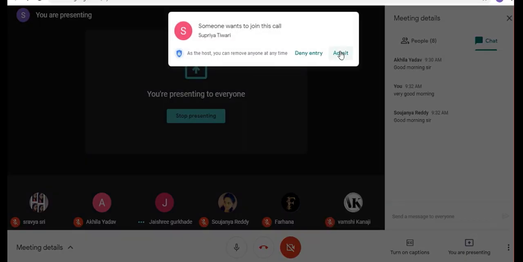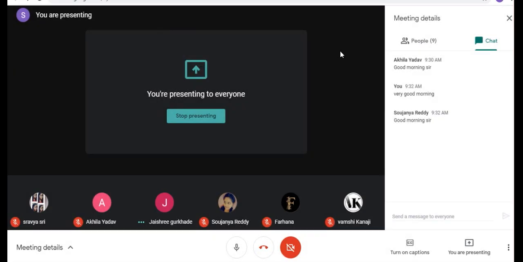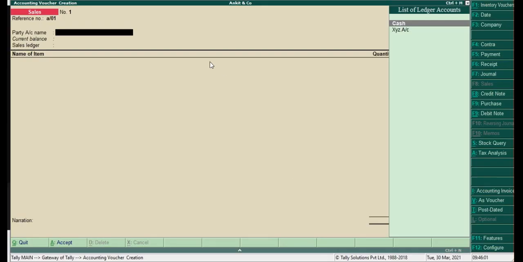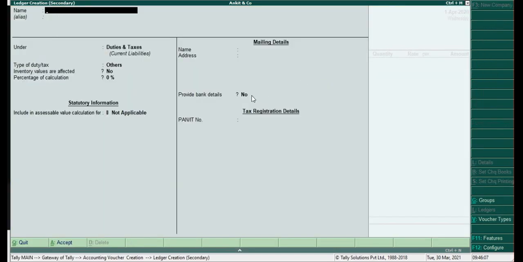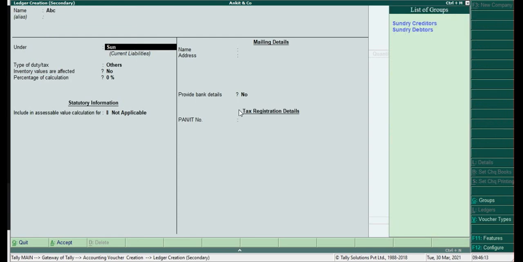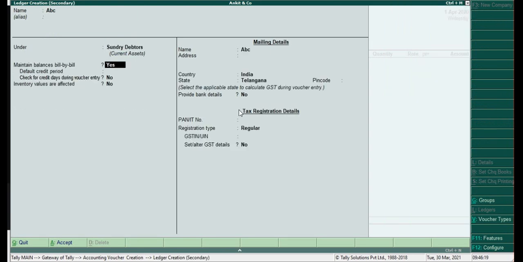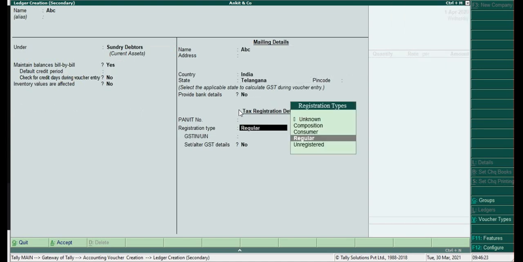So party name I am creating. Alt C. I am going with ABC. Is he sundry debtor or creditor? Sundry debtors, sir. Sundry debtor. Enter. He is also from the same state, regular.